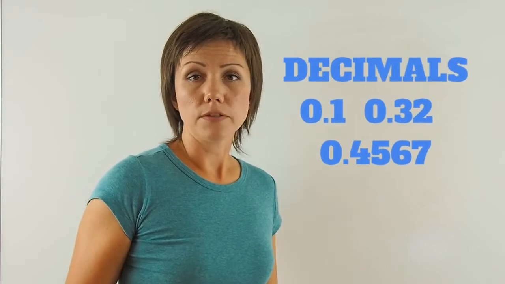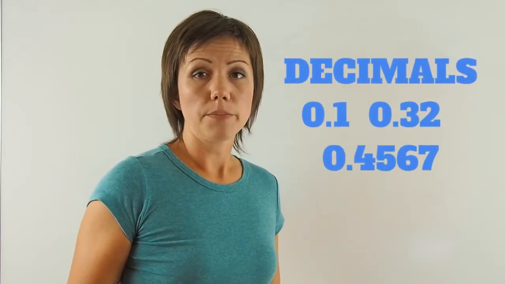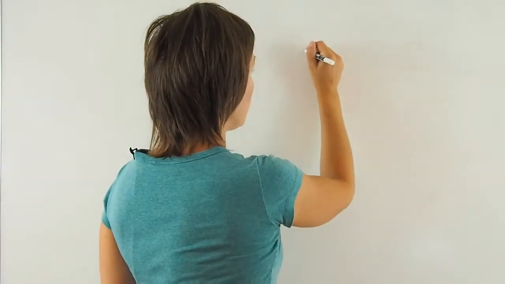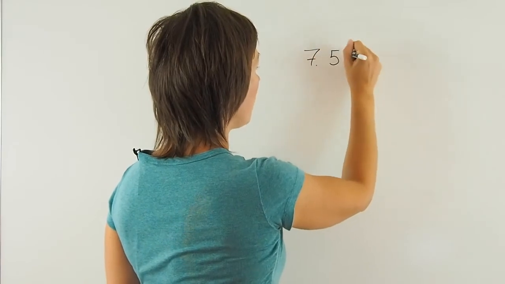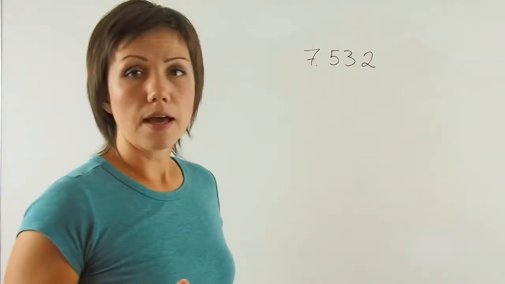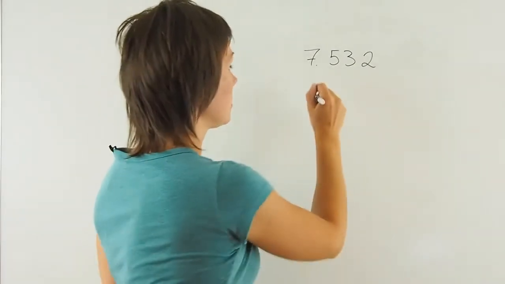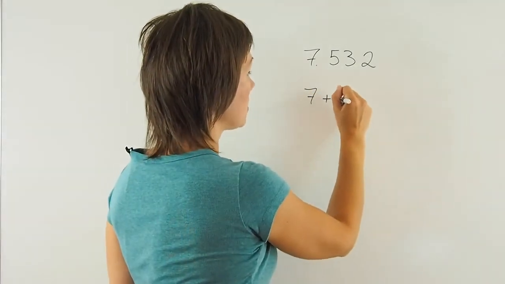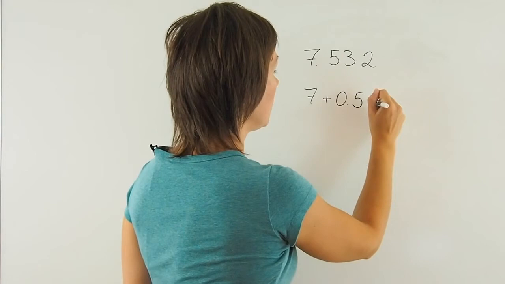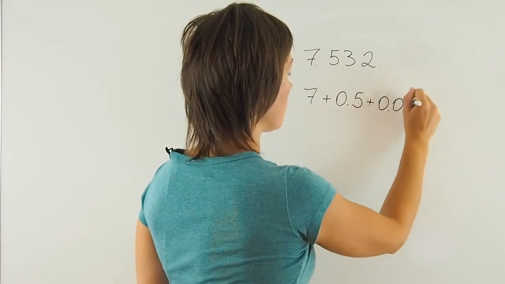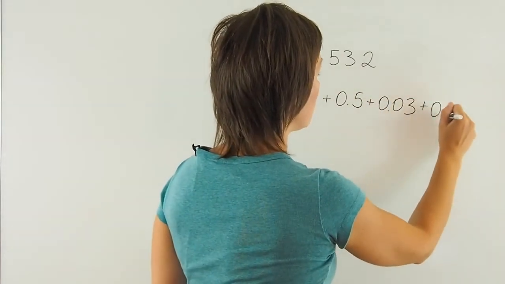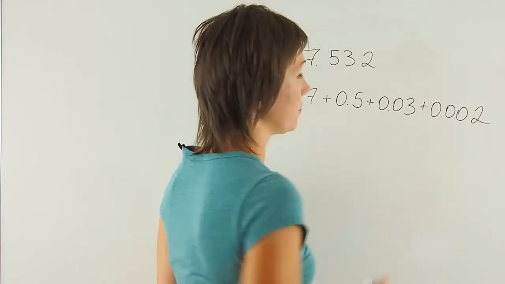When you have a decimal, you need to be very careful about the place value after the decimal point. For example, if you have a decimal 7.532, then you can write it as 7 plus 0.5 plus 0.03 plus 0.002.